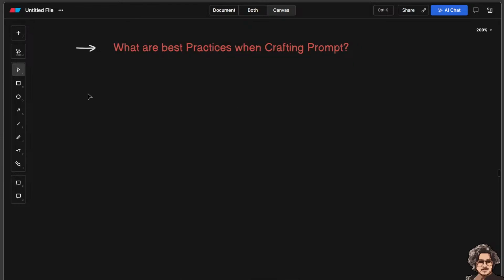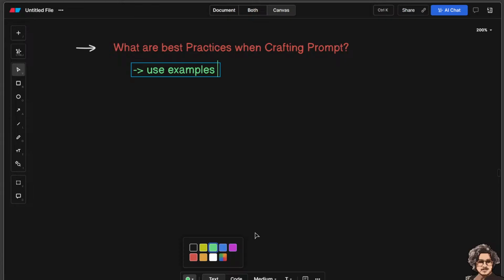For this one, the approaches we are writing here are: use examples to guide the model. Be concise and specific.